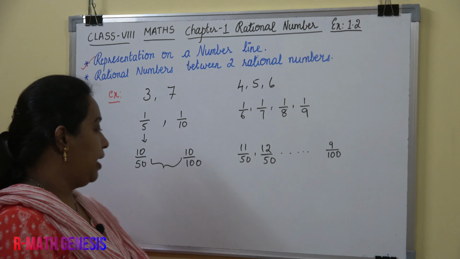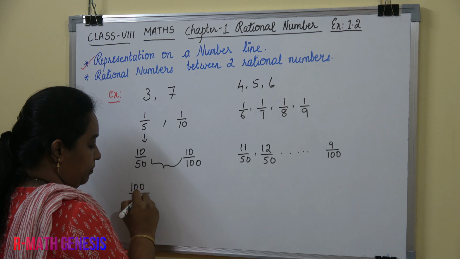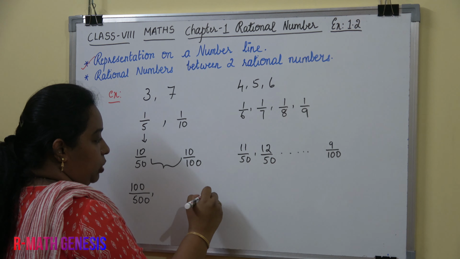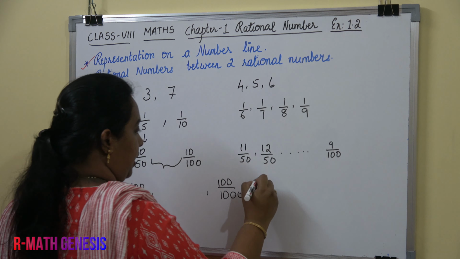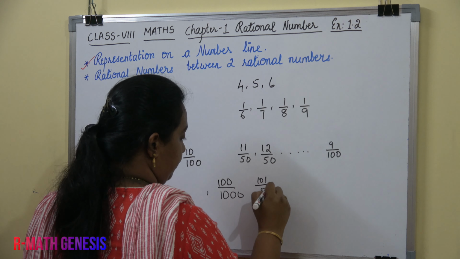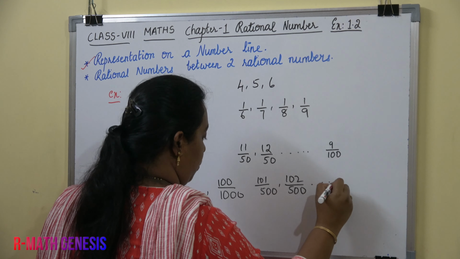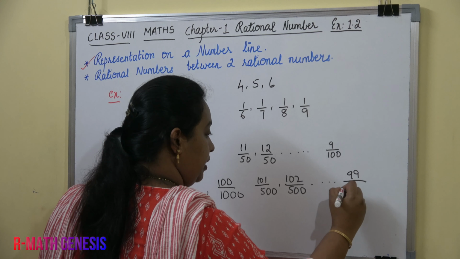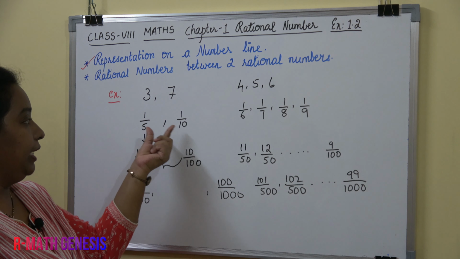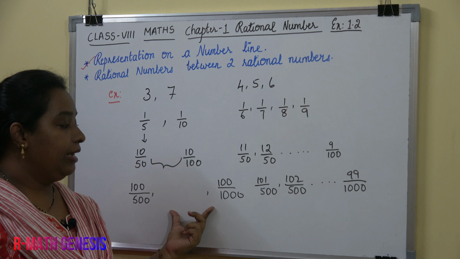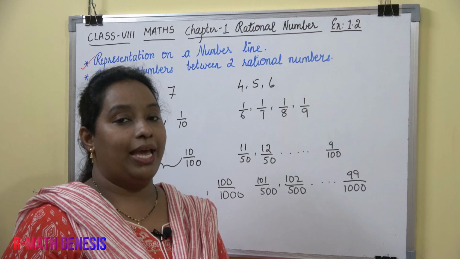And we can go further, like 100 by 500 and 100 by 1000, so it will be 101 by 500, 102 by 500, and so on up to 99 by 1000, which means that between any two rational numbers there are definitely more rational numbers.